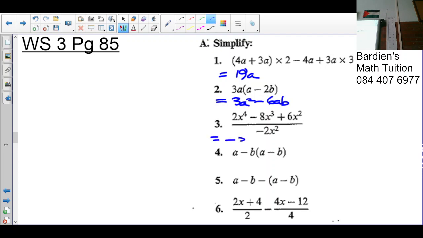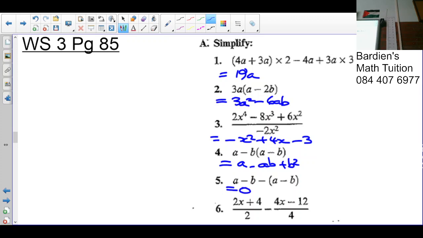Negative x squared plus 4x minus 3. Any issues there? No? Number 4? A minus AB plus b squared. You all agree with that? Any problems there? No, sir. Number 5? 0, correct.